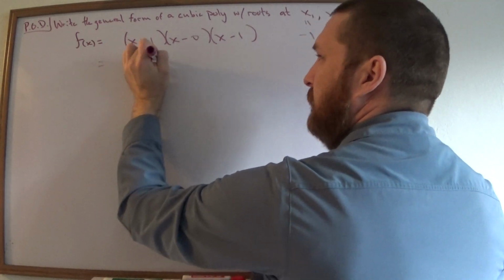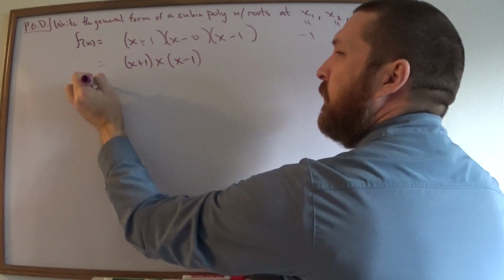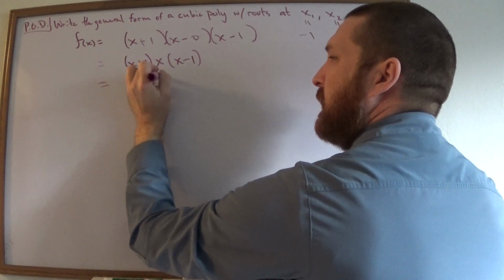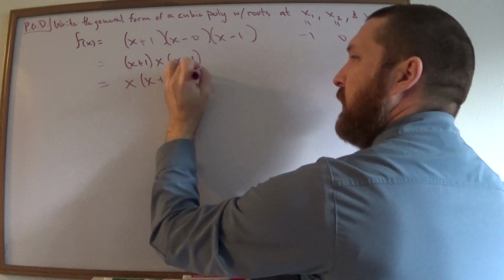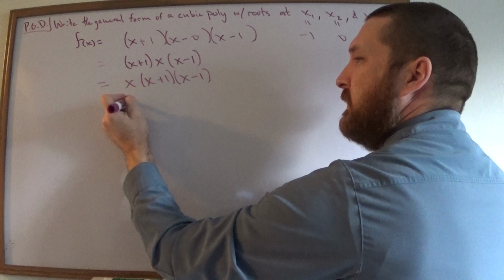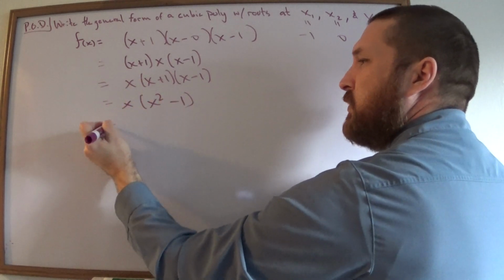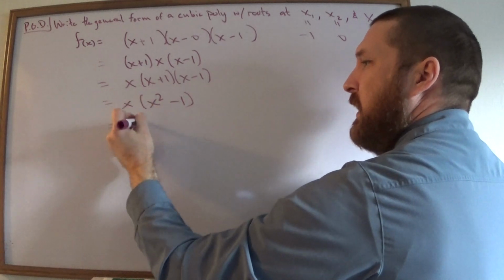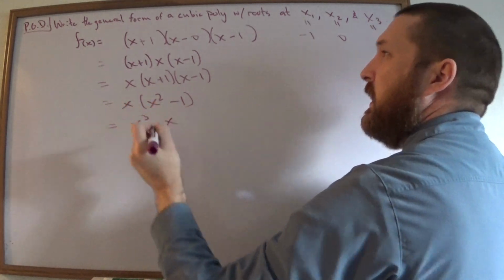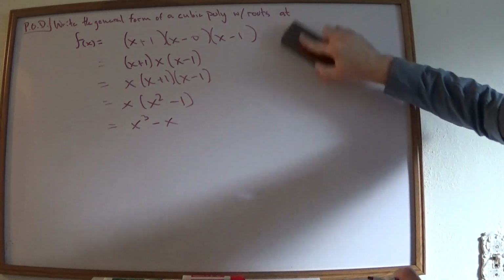I'm going to rewrite that as x plus 1 times x minus 1. First, outer, inner, last with this gives me x times x squared minus 1, which we could rewrite as x cubed minus x. So I'm going to get that back up here real quick. All right.